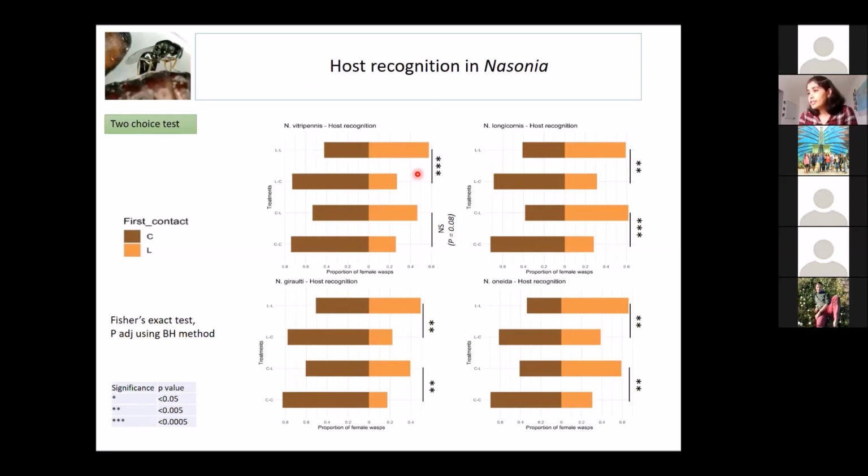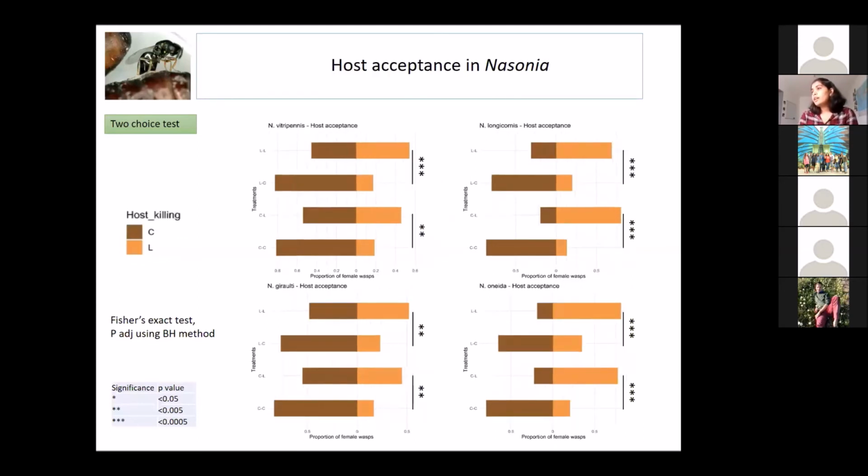And they are significantly different, except for these 2 treatments, where we do see a difference, but it's not statistically significant.